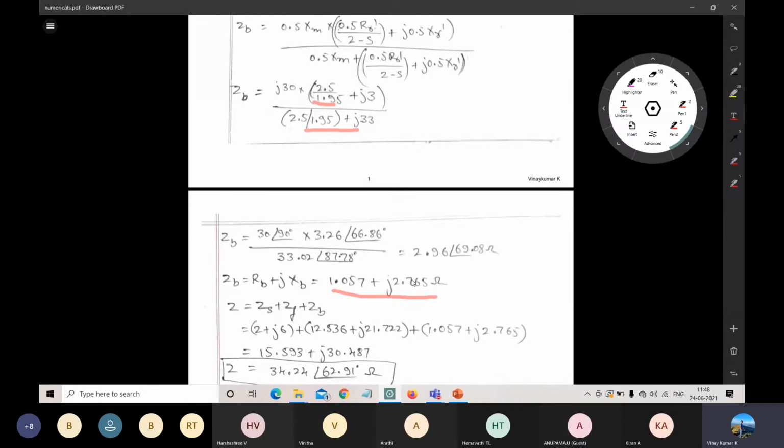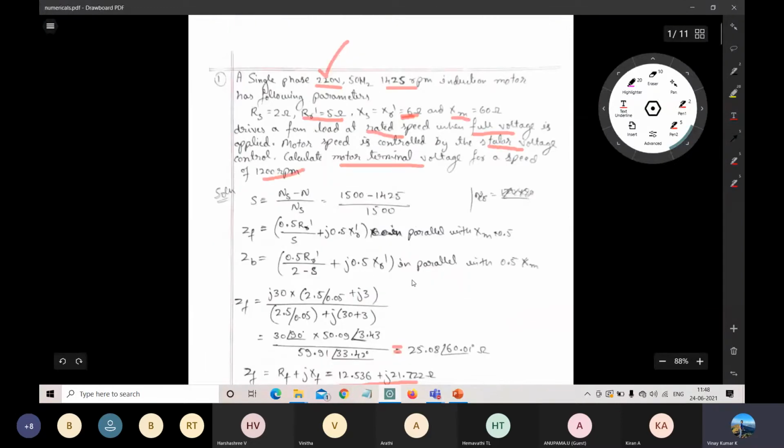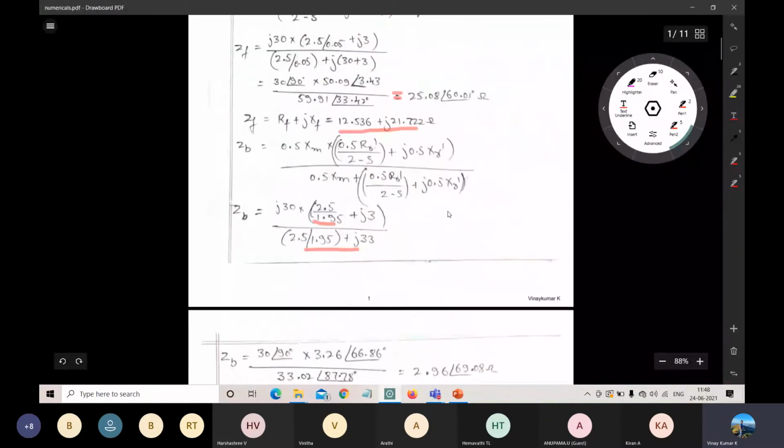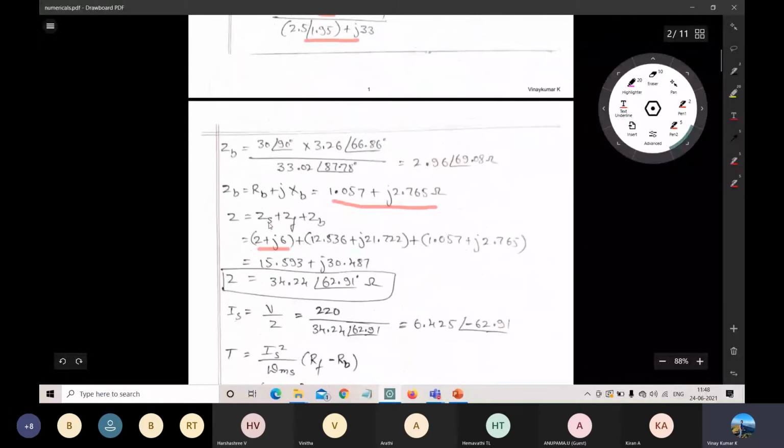ZS is given by RS plus XS, and both RS and XS are given in the problem: 2 plus J6. So ZS is RS plus XS, with ZF and ZB that we have calculated. Substitute and convert that into rectangular form, and this is the answer.